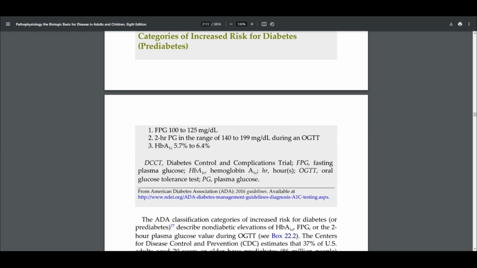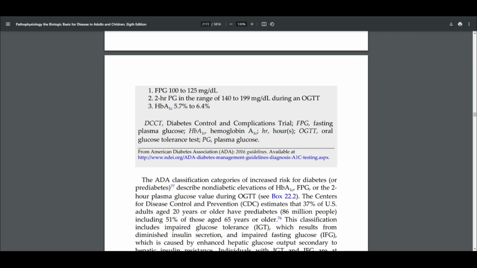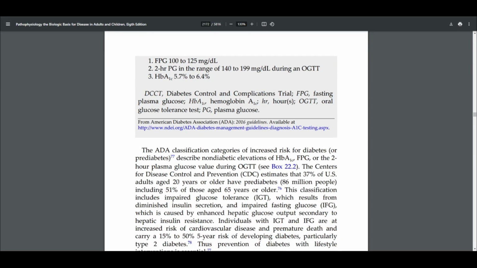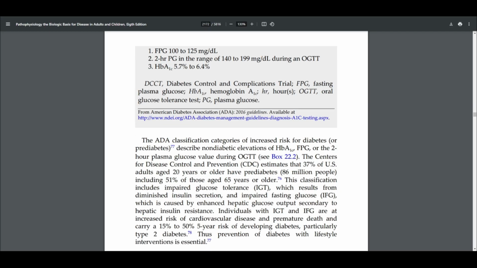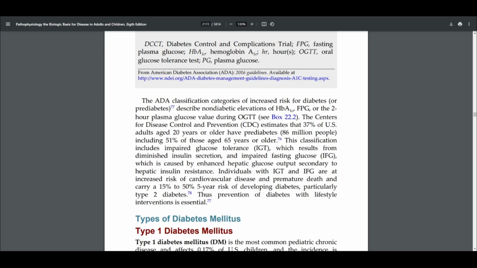The ADA classification of increased risk for diabetes describes non-diabetic elevation of a hemoglobin A1C, FPG, or the 2-hour plasma glucose value during OGTT.